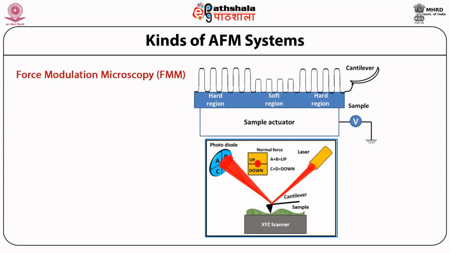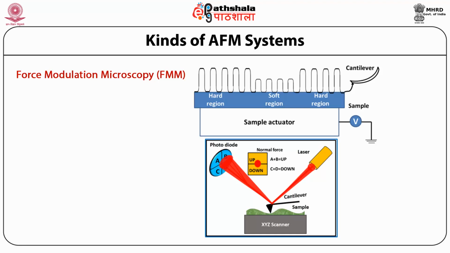Force modulation microscopy is a secondary imaging technique. In this AFM mode, the tip is scanned in contact with the sample and the Z feedback loop maintains a constant cantilever deflection, as for constant force mode AFM. A periodic vertical oscillation signal is applied to either the tip or the sample. The amplitude of cantilever modulation that results from this applied signal varies according to the elastic properties of the sample.